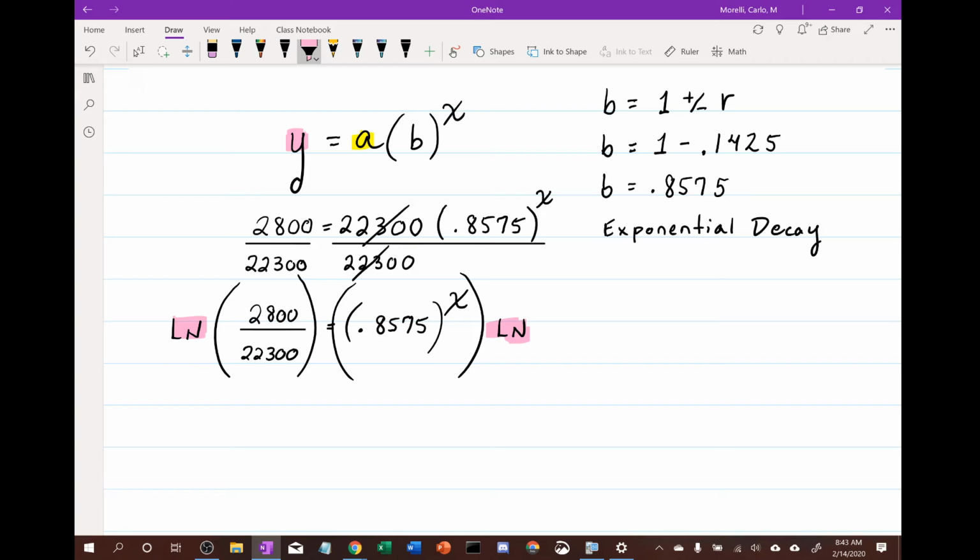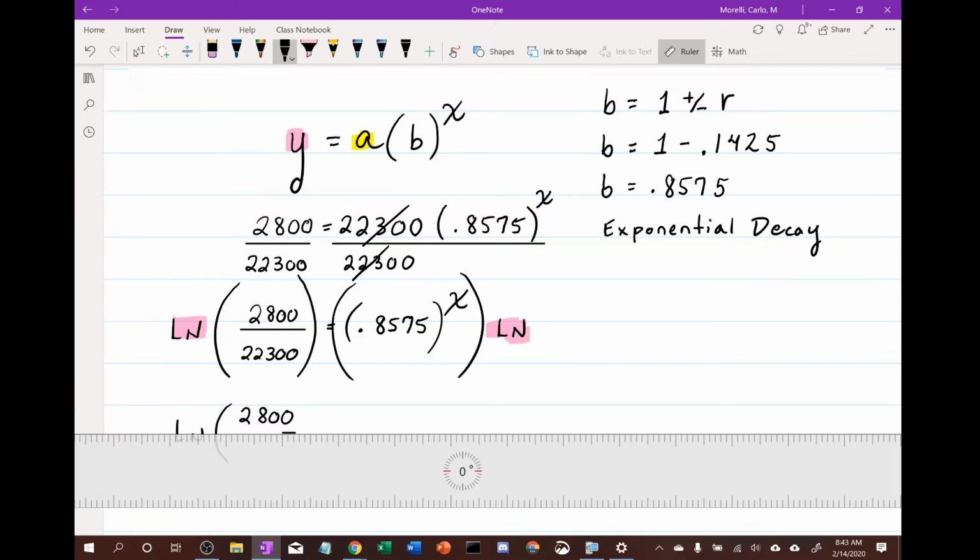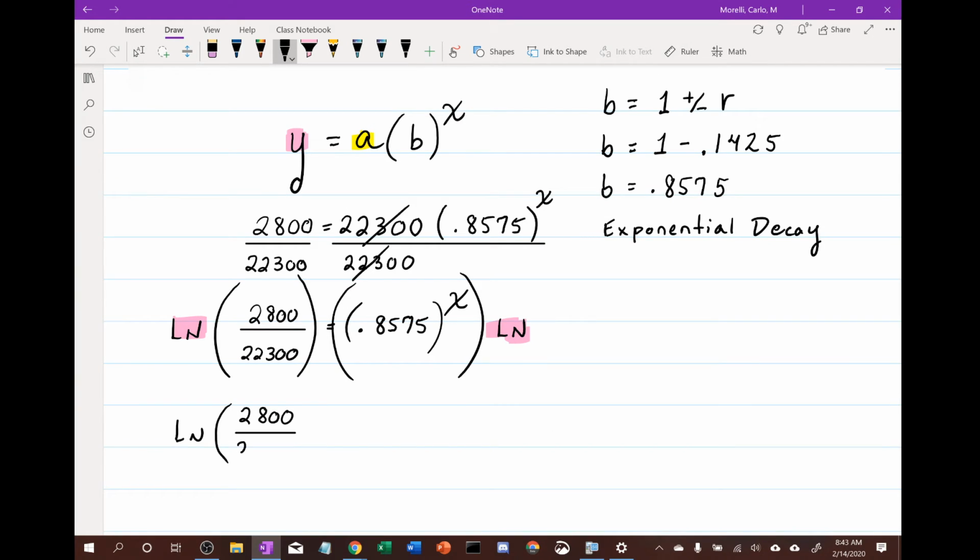So here's what that looks like. ln of 2,800 divided by 22,300 equals x, right, times the ln of 0.8575.